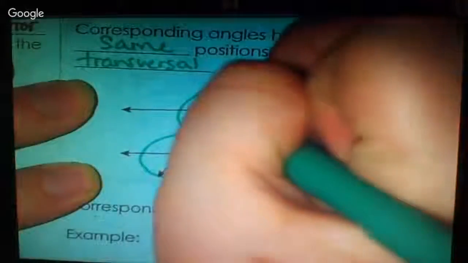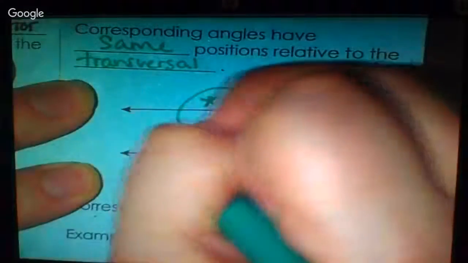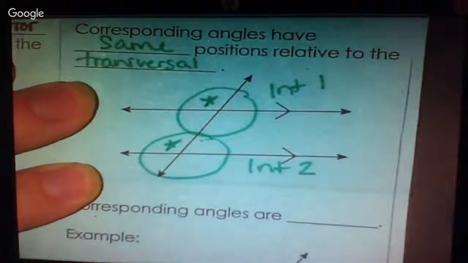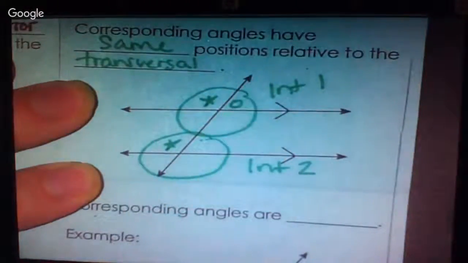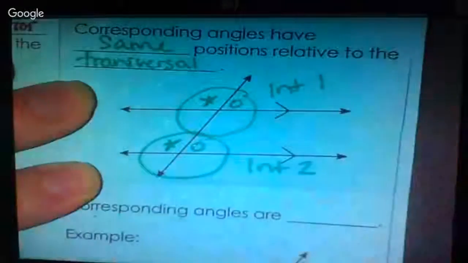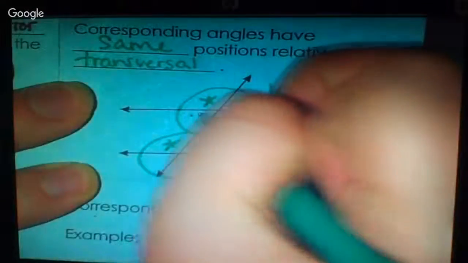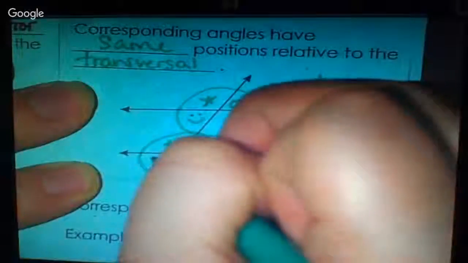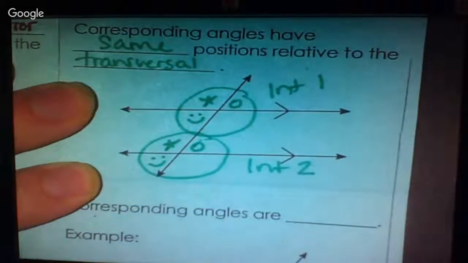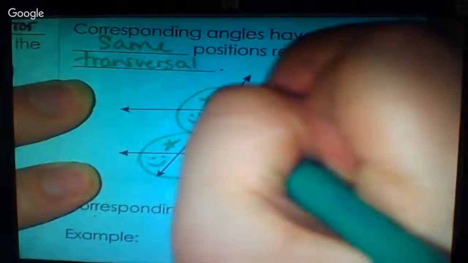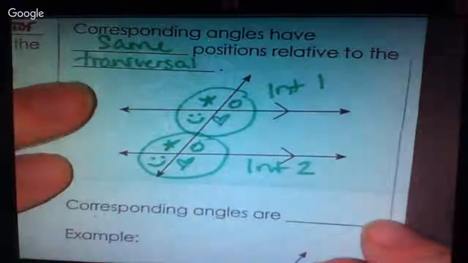So if I'm in the top left of intersection 1, that goes with the top left of intersection 2. The top right of intersection 1 goes with the top right of intersection 2. The bottom left of intersection 1 goes with the bottom left of intersection 2. The bottom right of intersection 1 goes with the bottom right of intersection 2.